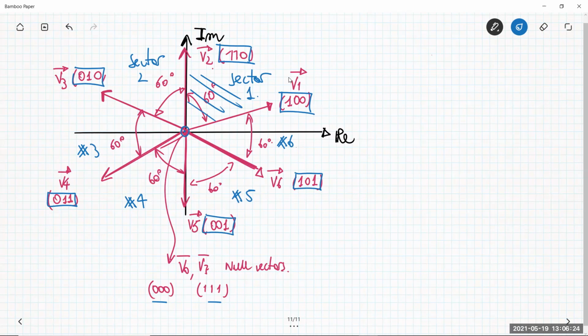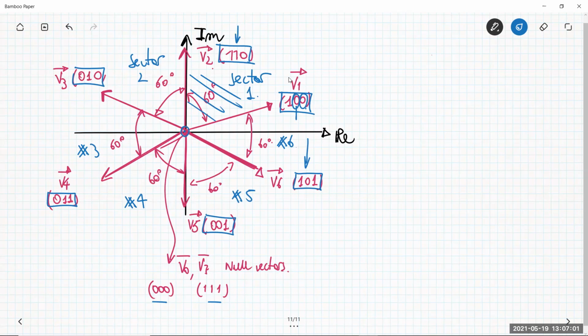So there is just 1 bit of difference between the switching words of adjacent vectors. From 100, I have to change this second bit to 1 to get into the V2 space vector. From V1, I have to change the bit Q5 just to get into this V6 space vector switching word. So each vector is separated by just one bit with respect to the adjacent space vectors.